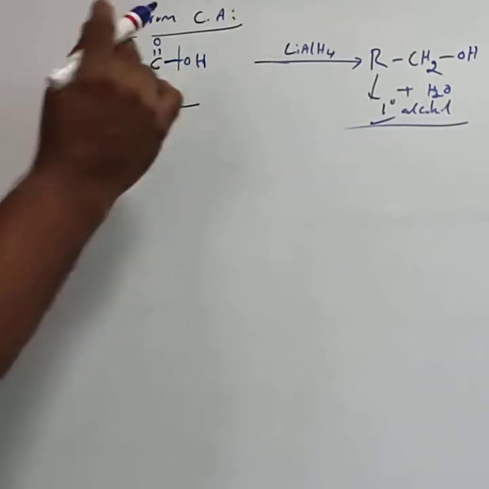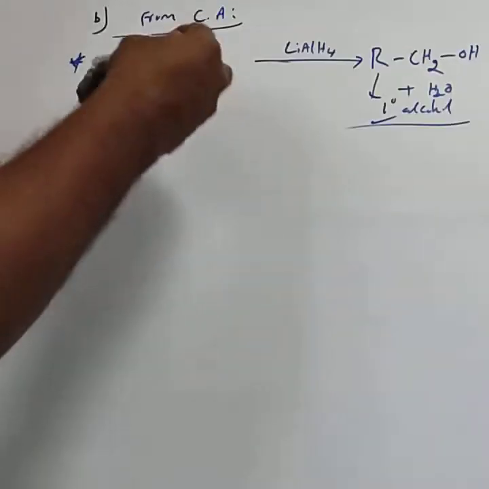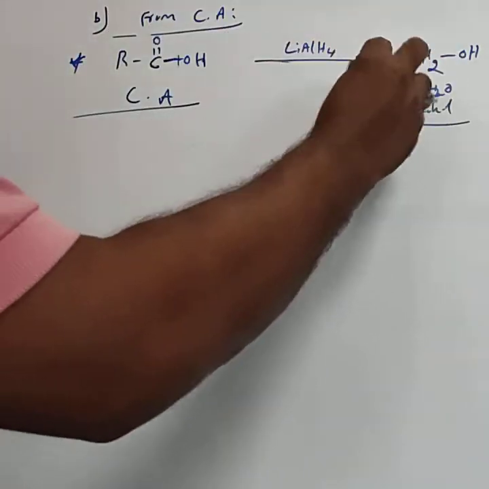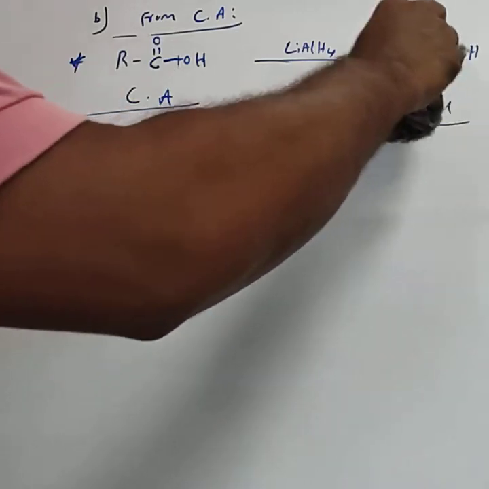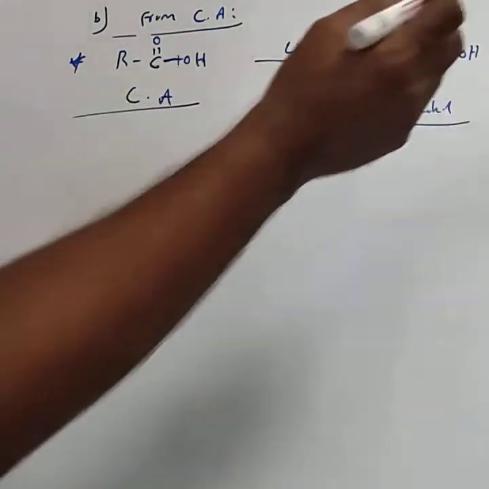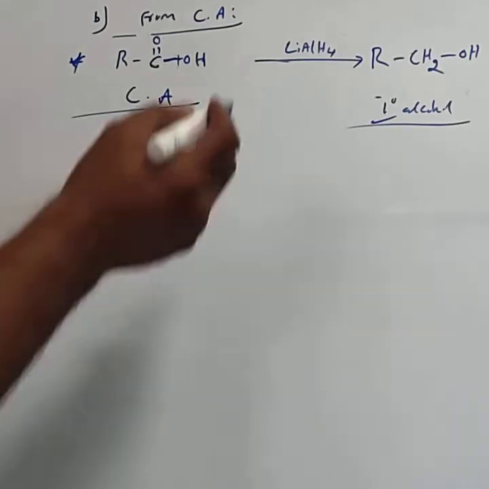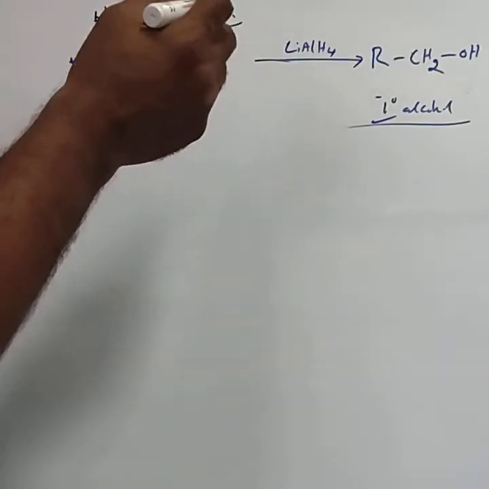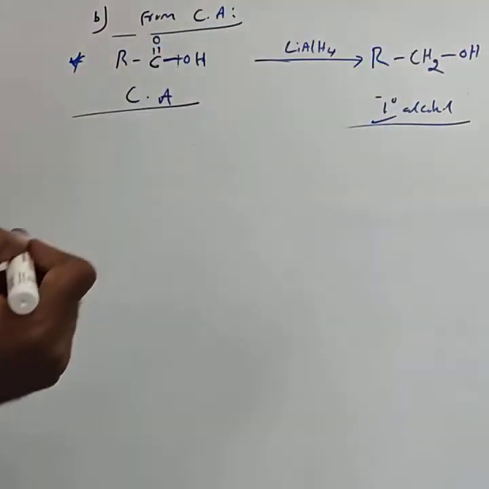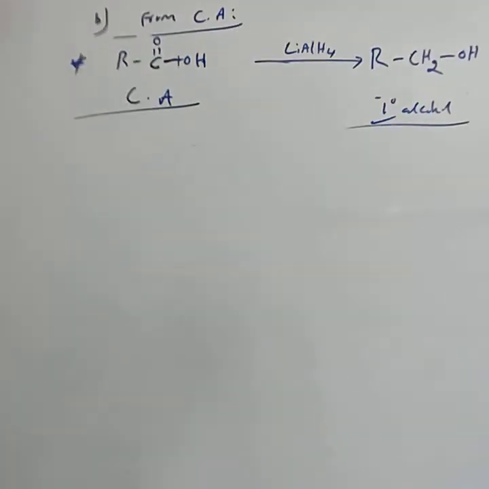Then this carboxylic acid is reduced to primary alcohol, RCOOH converted into RCH2OH, forming the primary alcohol. No need of writing the water molecule. In organic reactions, they do not consider balanced equations. Hence, we skip that byproduct.